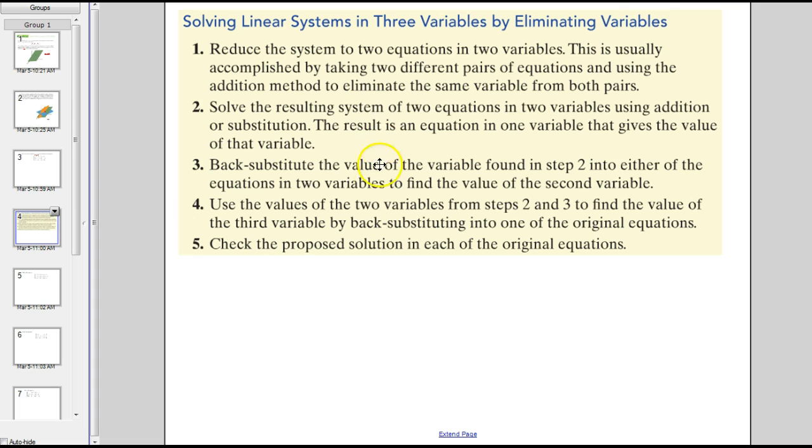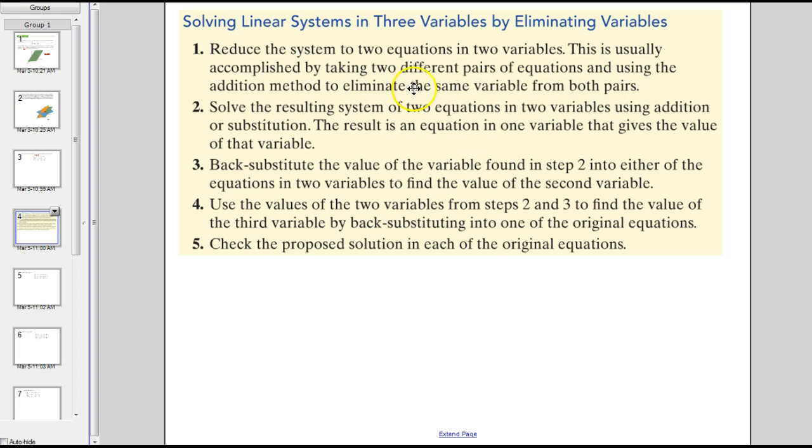Alright, now if you're going to do it by hand, you are going to have to do these by hand. I'm going to have you show your work again on the final. You need to be able to do one of these two procedures. So you're going to eliminate a variable in two equations. The way we do that is we pick two of the three equations, eliminate a variable, and then pick a different pair of equations and eliminate the exact same variable.